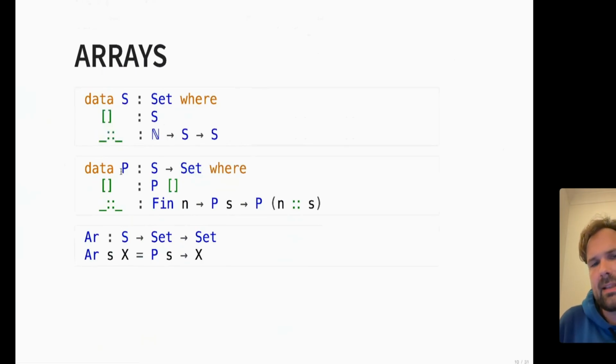And what are the valid indices for the given shape? It's a list of natural numbers where every element is less than the corresponding element in the shape, right? So it's a dependent type, indexed by the shape, and Fin n is a natural number bounded by n.